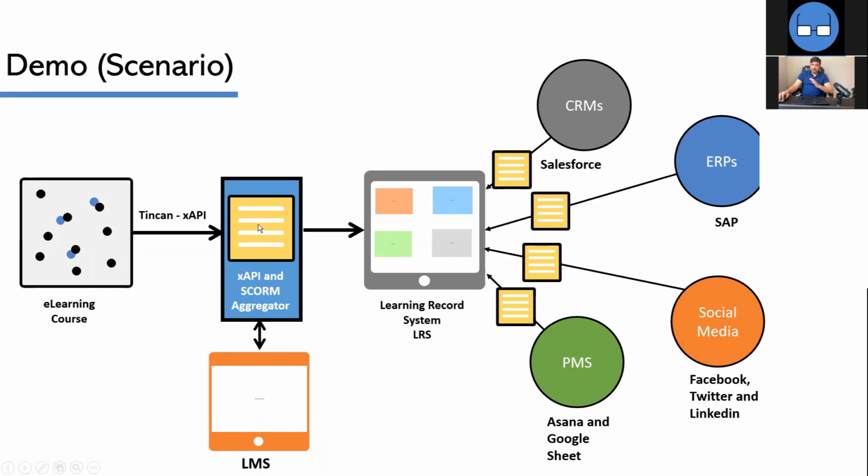It will separate the data into SCORM data and xAPI statements. xAPI statements will come over here, in the LRS, and the SCORM data will go back. So let's say that if the learner wants to see whether he completed the course or not, or what score he got, that particular information goes back to the LMS, and the xAPI statements will go to the LRS.